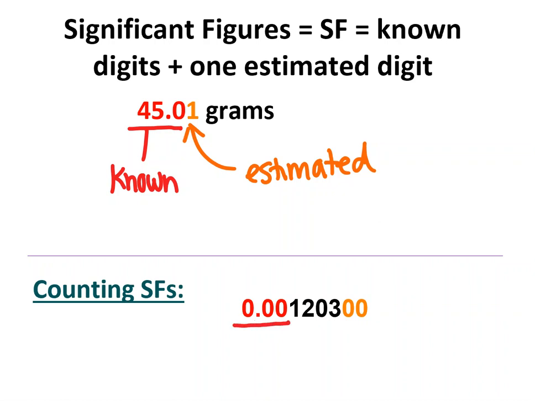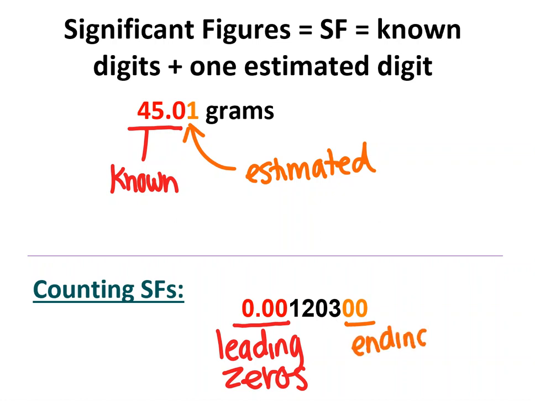Any zeros that are on the left, these are leading. And any zeros on the right of the non-zero digits are ending zeros. And those are tricky. Anything that's not a zero counts as a significant figure.